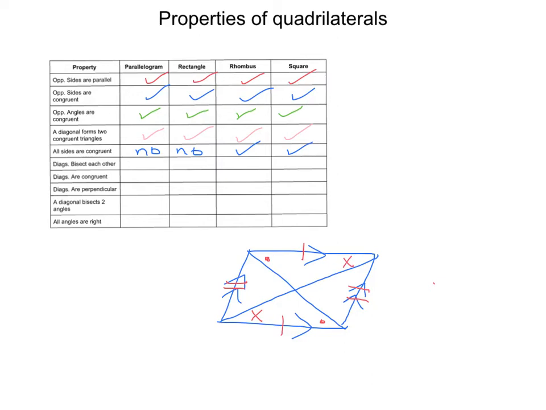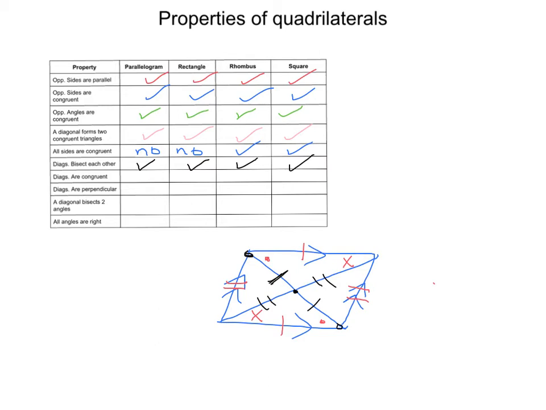What that means is that these two triangles right here, this one and this one, are congruent by angle, side, angle. Make sure that makes sense to you. Then, by corresponding parts, these are equal and these are equal. So the diagonals do in fact bisect each other, right? The definition of bisector means that a segment is cut into two equal pieces. So if it works for a parallelogram, it is true for all of these.